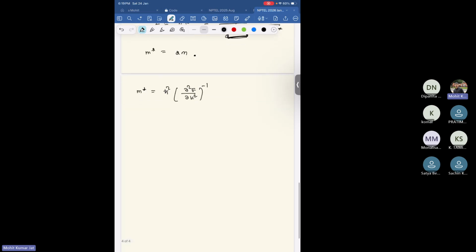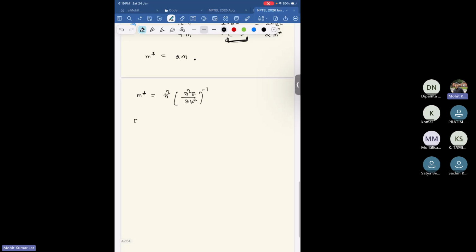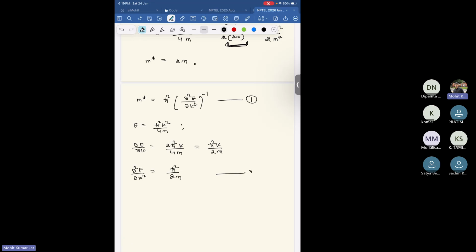So if we plug in our case that our energy is h bar square k square by 4m, let's take the single derivative, so del E by del k, that will be 2 h bar square k by 4m, that boils down to h bar square k by 2m. And now you take the double derivative, so del 2 E by del k square gives you h bar square by 2m. So this is your equation 1, this is your equation 2.